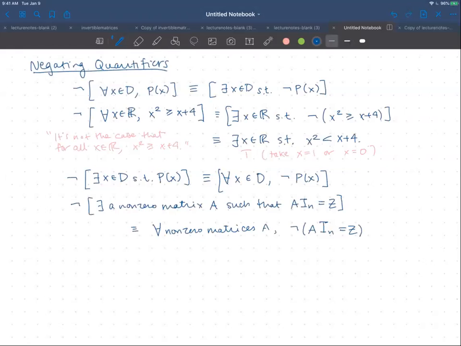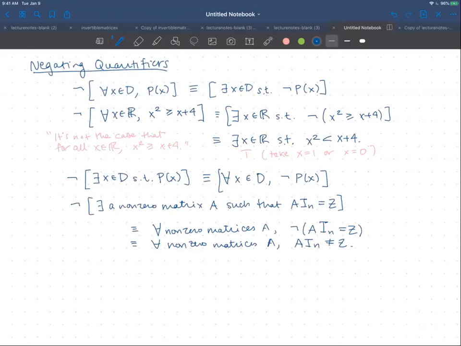And I know how to negate that statement, right? I need to write this. So for all non-zero matrices A, A times the identity matrix is not equal to 0. And that statement is easier to see is true than the original. It's not the case that there's a non-zero matrix such that A times the identity matrix is the zero matrix, right?